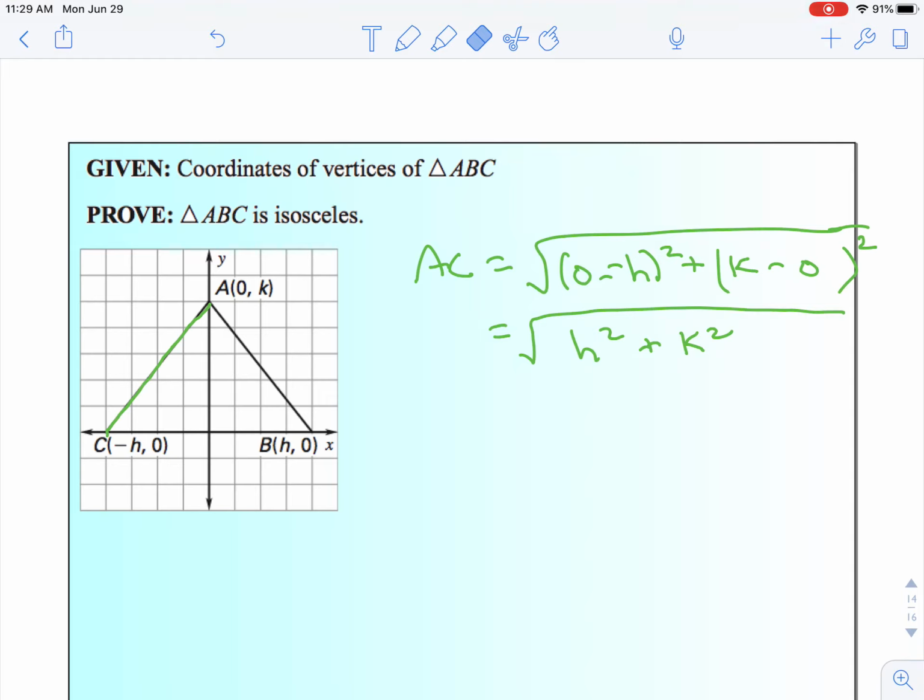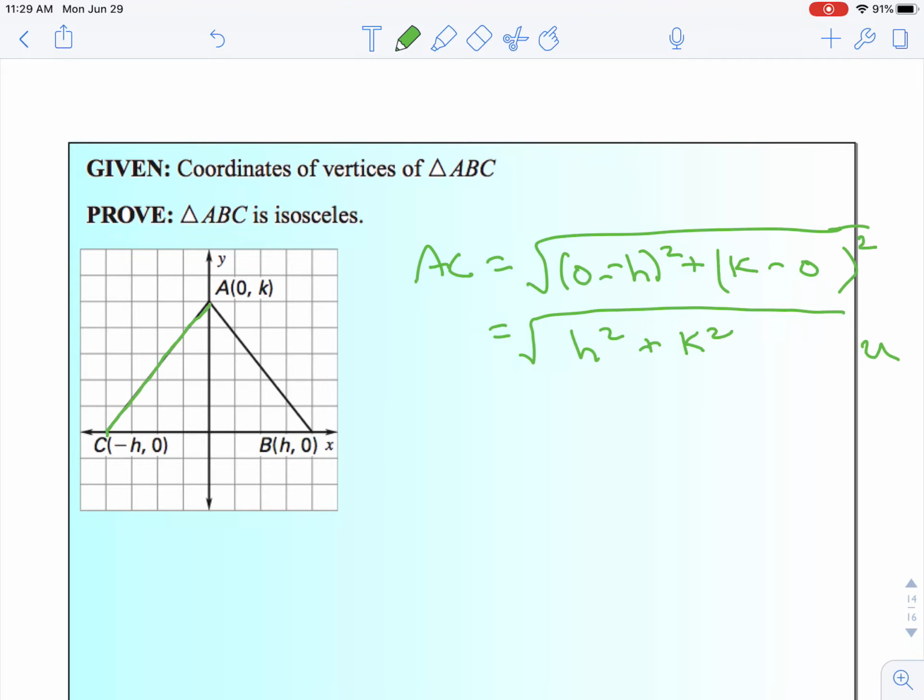Now, I cannot simplify that anymore. That is the length. So it's that many units long. When you use the product property, if this was times, then you could take the square root of h squared and the square root of k squared separately to get hk. You cannot do that when there is a plus sign in there. So AC is the square root of h squared plus k squared.